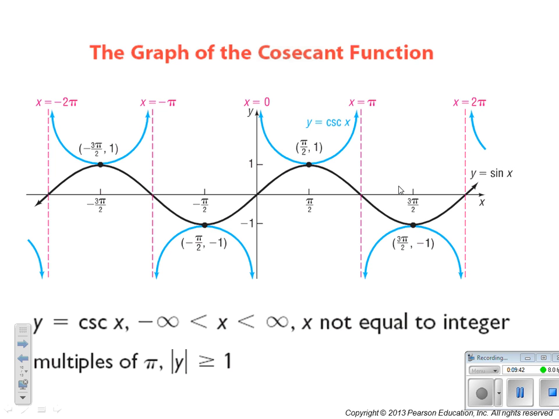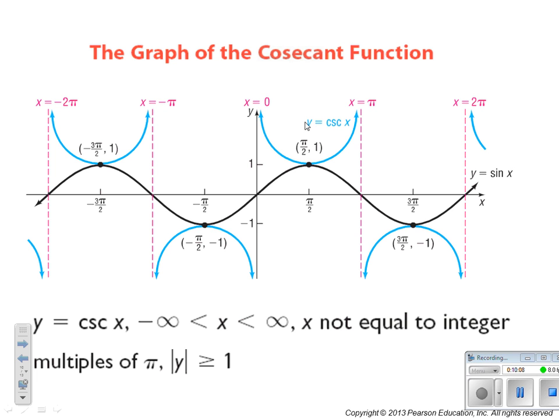I always think cosine and cosecant should go together, but it's like that terrible romance story where the people you think should go together never are. So sine and cosecant are together. They threw down the sine function because cosecant is 1 over the sine, so each of these coordinates is flipped.